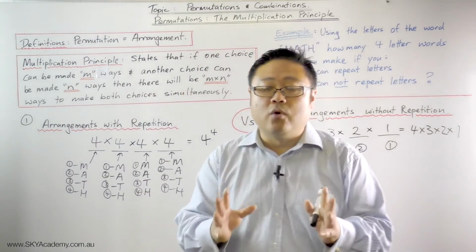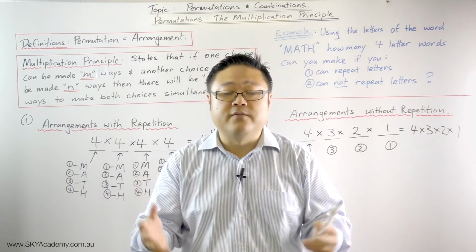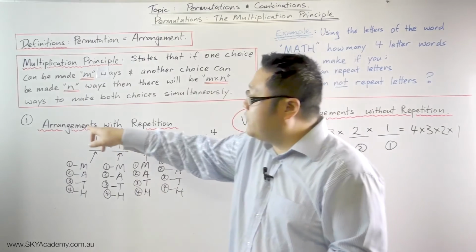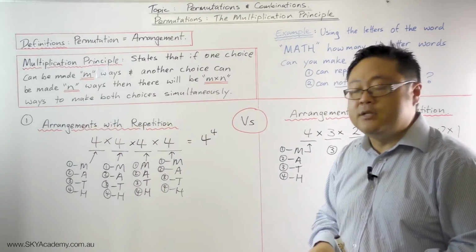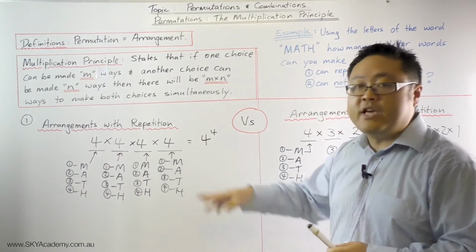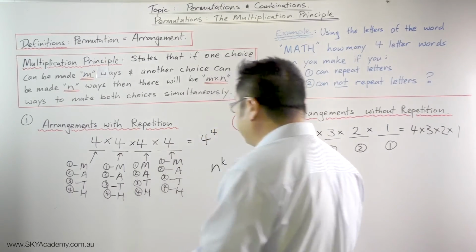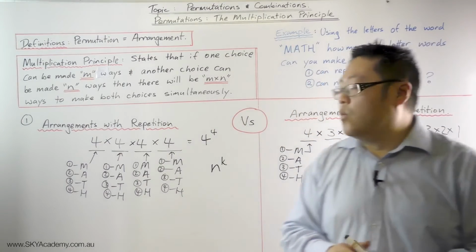All right. Now, here is where we can draw some principles from all of this. When you've got arrangements with repetitions, the number of ways that you can make arrangements is going to be n to the power of k, okay?